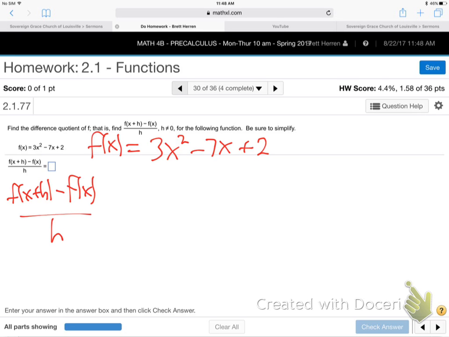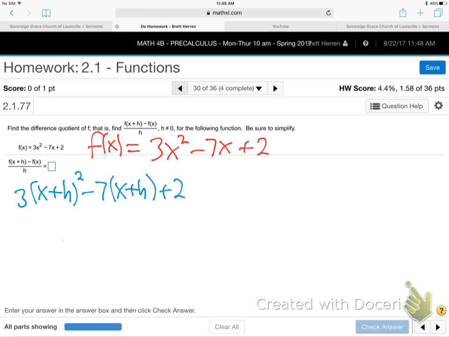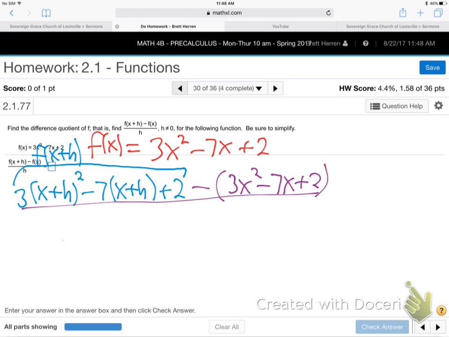So let me do the first step with you. Okay, everybody get to there so far?